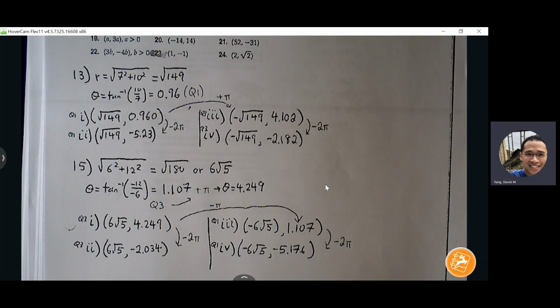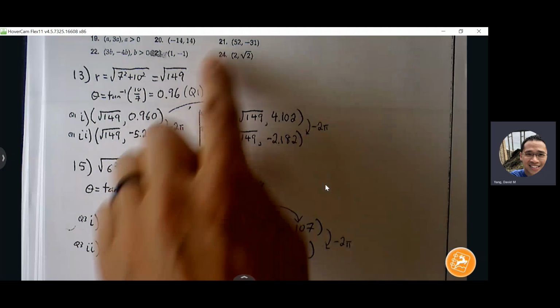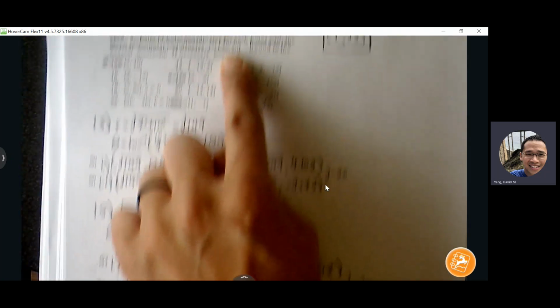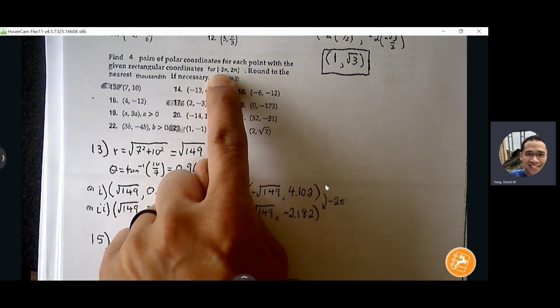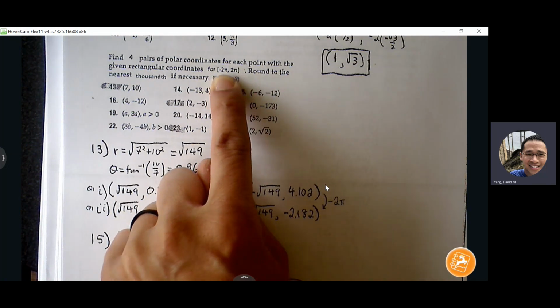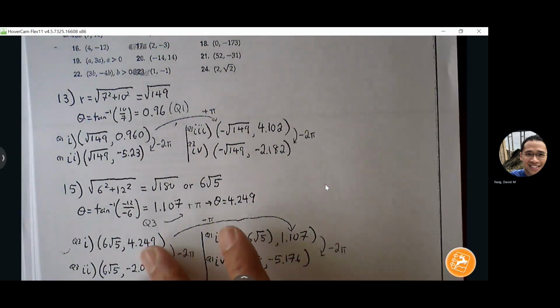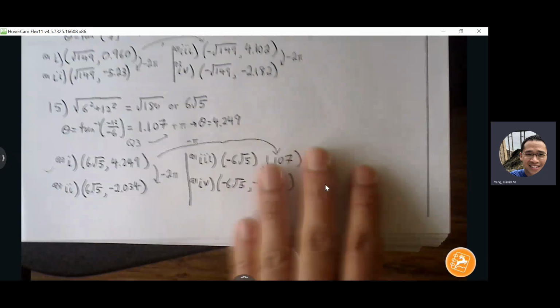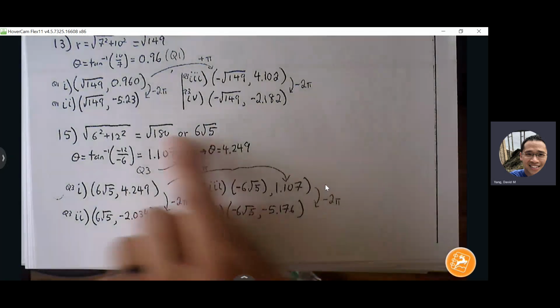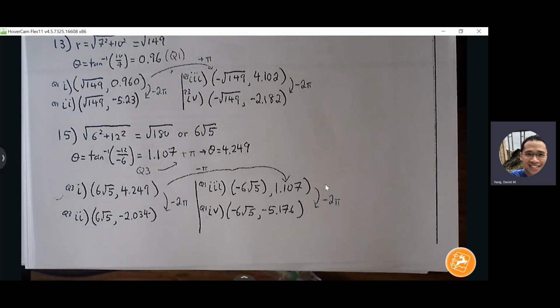Well, you're either adding or subtracting 2 pi. But the problem says to make sure that your polar coordinates are between -2 pi and 2 pi. So if we're already positive and we're adding 2 pi, we're gonna be outside of the range. We're trying to make the radius negative, so you'd only add pi, like going a semicircle. You know what I'm saying? For which problem? For 13, if you went to negative root of 139, what did you add or subtract from 0.96?